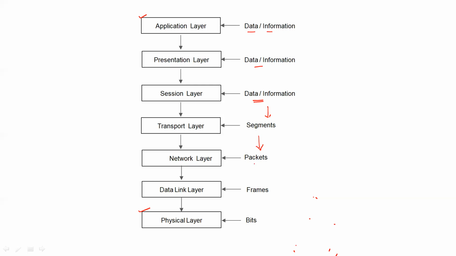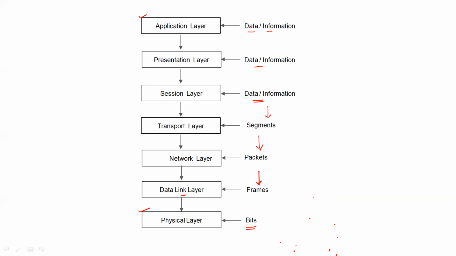And when these packets are transmitted from network layer to data link layer, they will be further converted into frames by the data link layer. And once these frames are transmitted to the physical layer, the physical layer will transmit these frames in terms of bits.